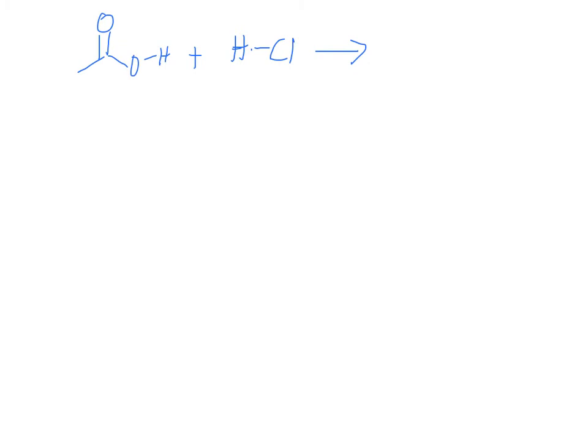So the question is, where's my weakest bond? Is it the OH or the HCl? HCl. Chlorine's bigger, so there's less orbital overlap. The HCl bond is definitely weaker. So that carboxylic acid is actually going to act like a base. First of all, you should know that HCl is one of the strong acids, so it fully reacts.